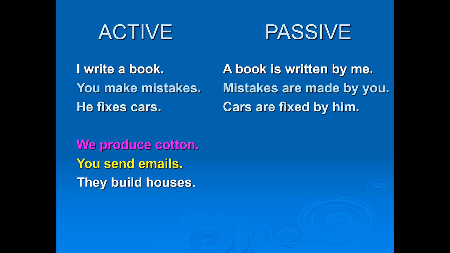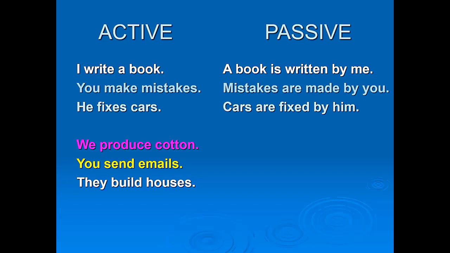We produce cotton. Of course, in all these examples, it's one of two things. It's either the stem, which is verb 1, or it's verb plus s. So that's why we use is or are plus PP. So this sentence, again, we produce cotton.